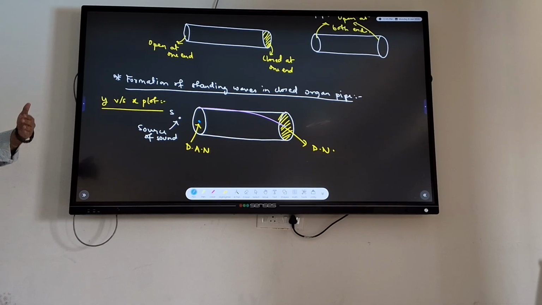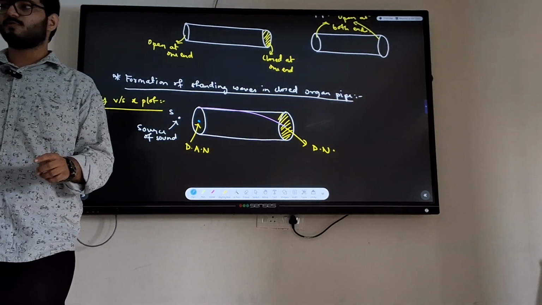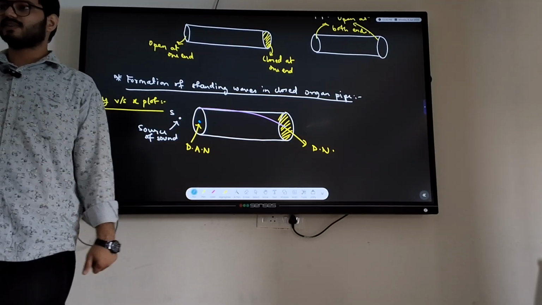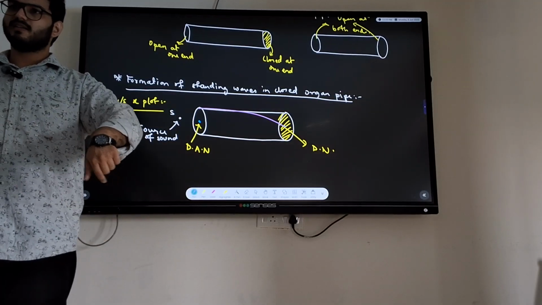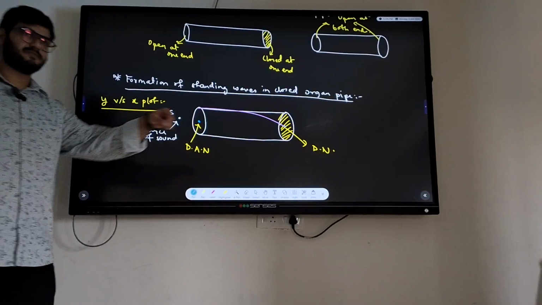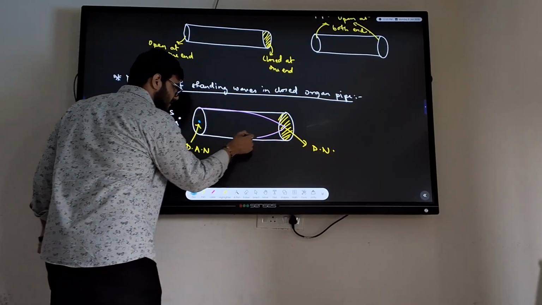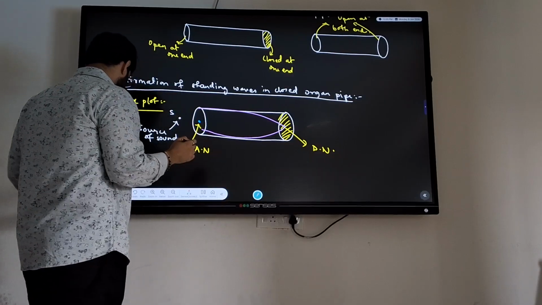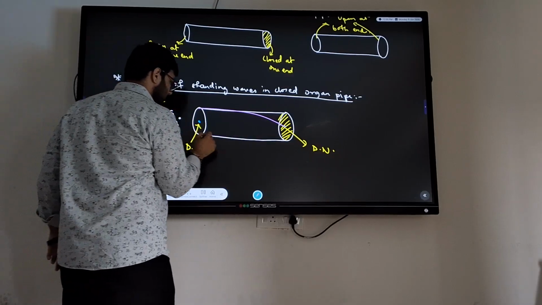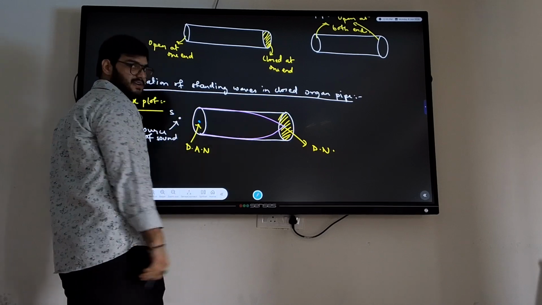When a wave hits a solid surface, it gets reflected back. Na? If you remember, I talked about this towards the end of wave motion, transmission and reflection. It gets reflected back with what phase reversal? Pi radians. So I think it should get reflected back like this. Yes or no? This is my incident wave, this is my reflected wave.